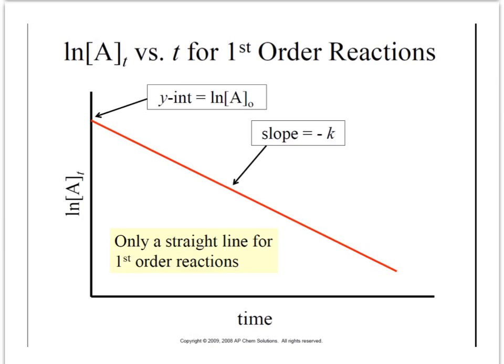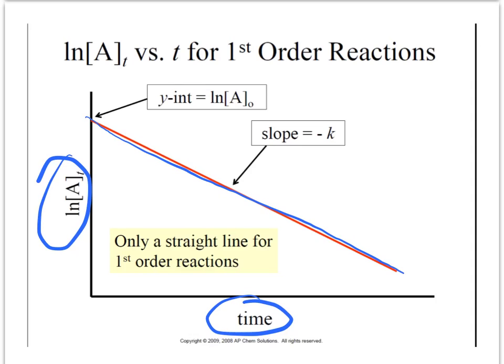Something else important is that you be able to recognize what type of reaction this is based upon what we're graphing. So the fact that this graph shows the natural log of the concentration of A versus time, and we get a straight line, that shows us that this is a first order reaction. A second order reaction, natural log versus time, is not going to give you a straight line.